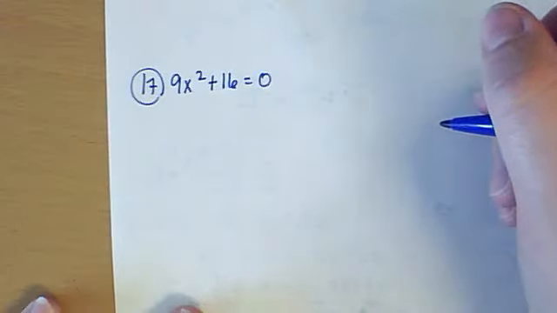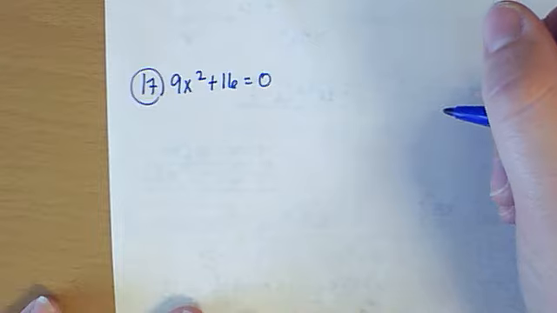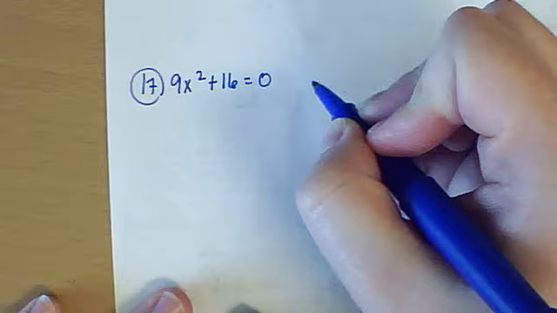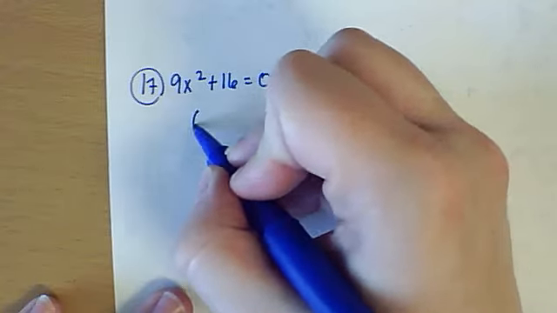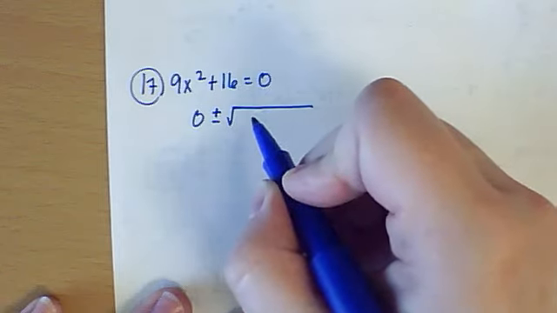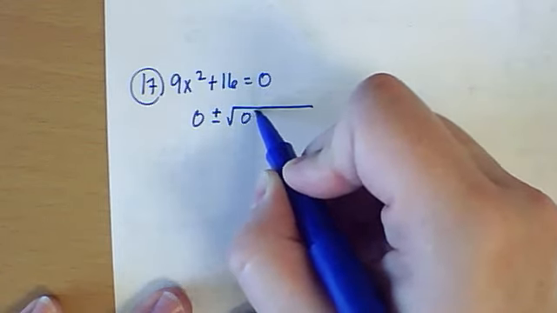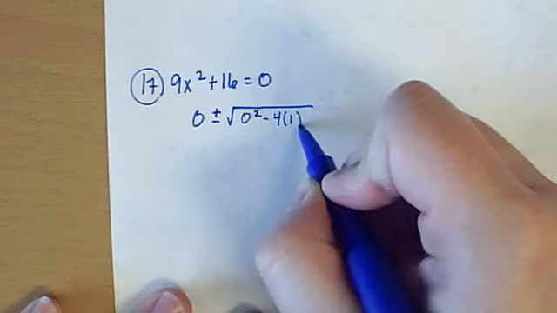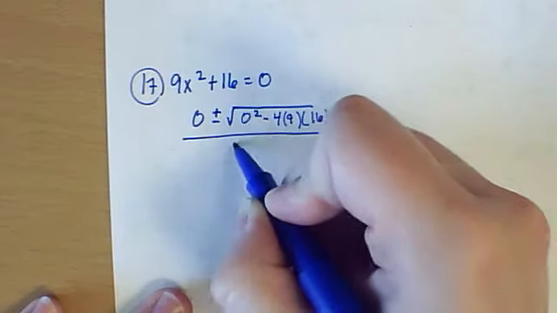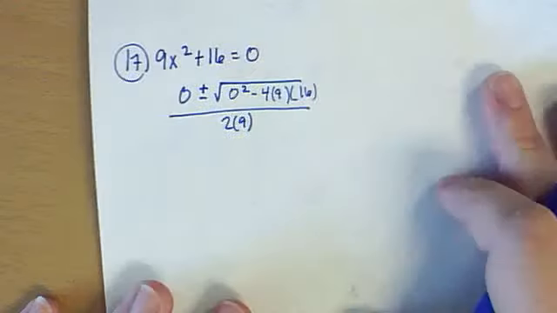So this one, we need to do quadratic formula. There is no b, so your b is 0. So 0 plus or minus the square root of 0 squared minus 4 times 1, 9, because that's your a, times 16, all over 2 times 9.